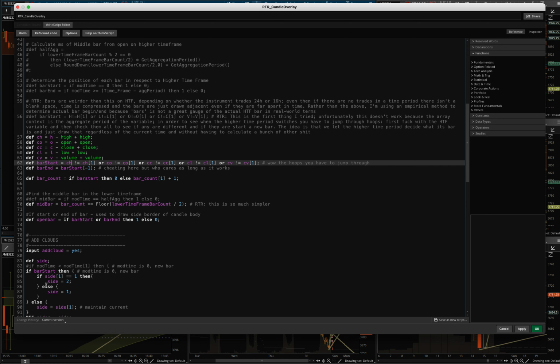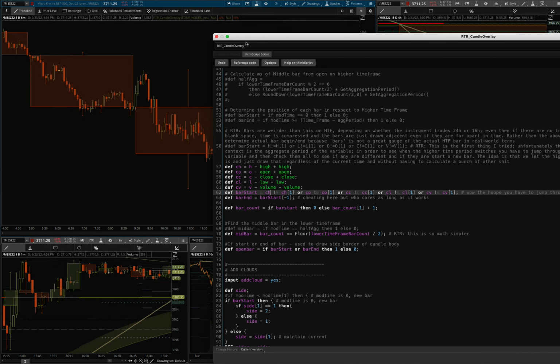Because if you don't do this, for the bar start at least, then it will not make the clouds have a solid line on one side of it. It will try to draw the clouds together, so these 2 clouds will end up connected, and it doesn't look like a candle bar. So this is a cooler way of doing it.